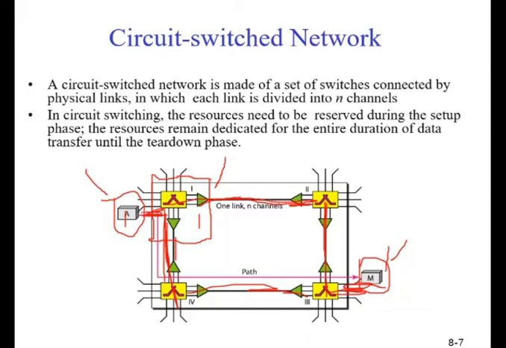After the dedicated path for the connection is established, when they agree that we have the ports available and we can make a connection from A to M, the data transfer phase can take place.